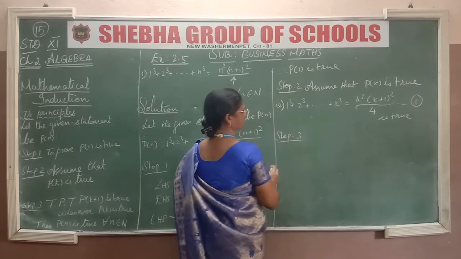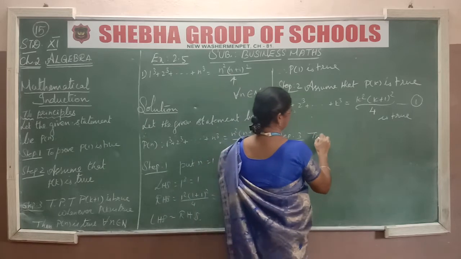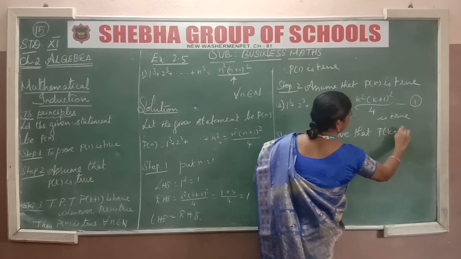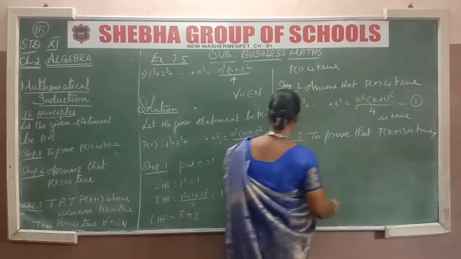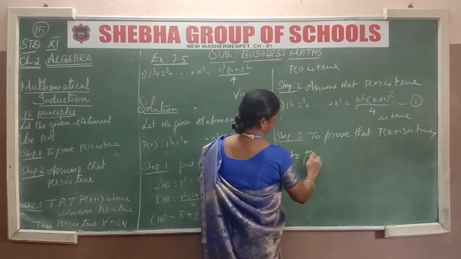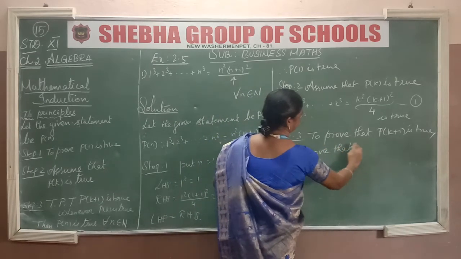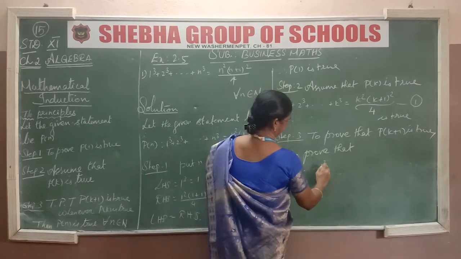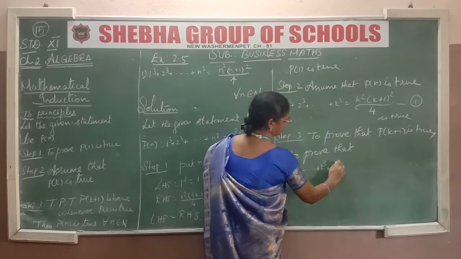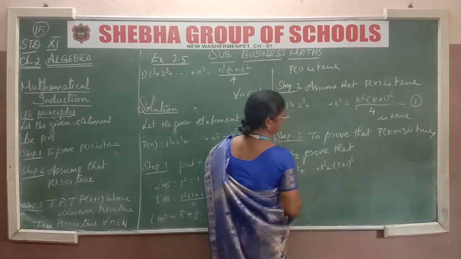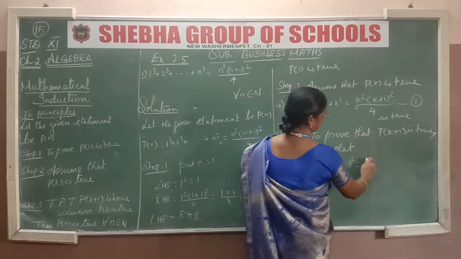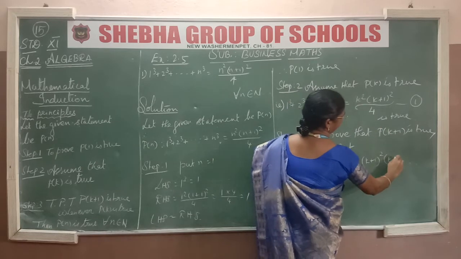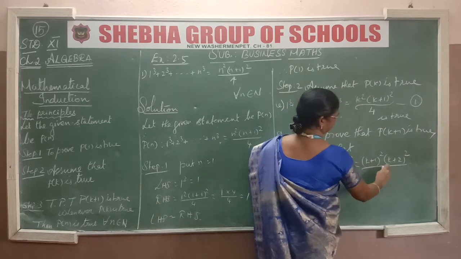Okay. Next step 3 is what? Step 3 is we have to prove P of k plus 1 is true. So to prove that P of k plus 1 is true, that is, to prove that 1 cube, 2 cube plus etc. up to k cube plus one more term k plus 1 whole cube equal to, instead of k we use k plus 1 square, k plus 1 becomes k plus 2 the whole square by 4.